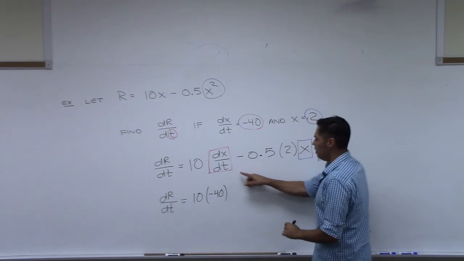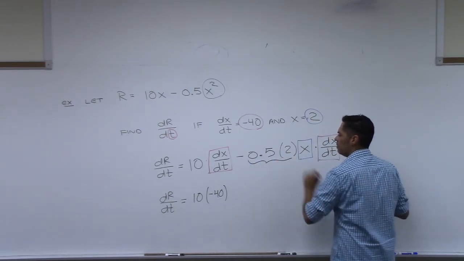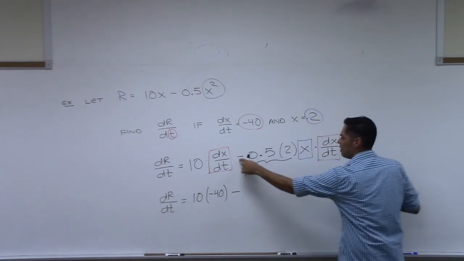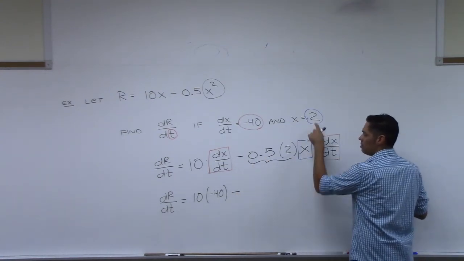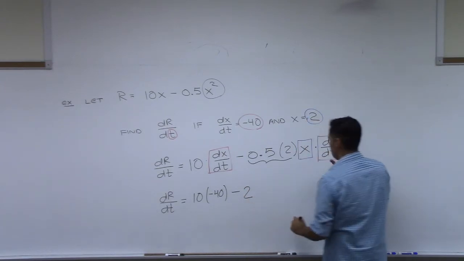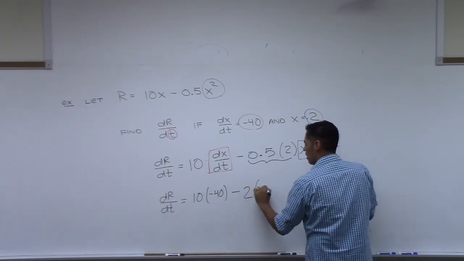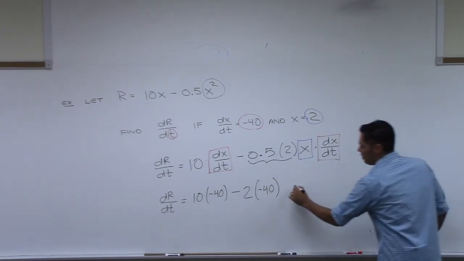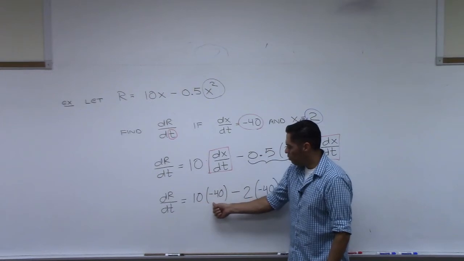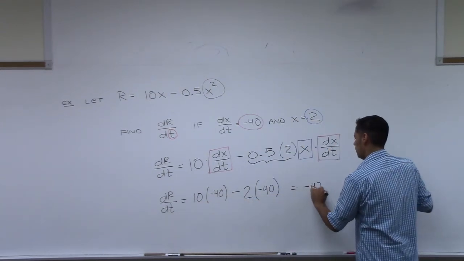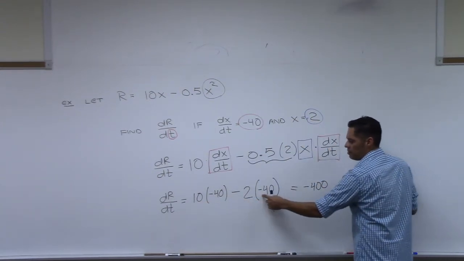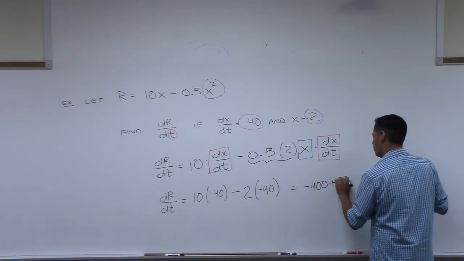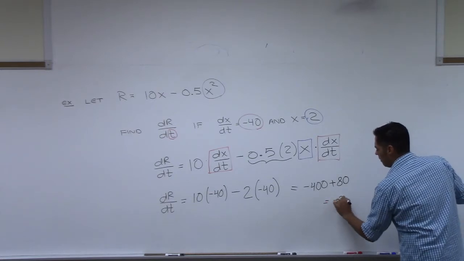That goes there. And then what are these two numbers together? That's a 1, right? Half of 2 is 1. So you get minus this x, which is 2, and then dx/dt, which is negative 40. So when we put all this together, this is negative 400, and then these two together would be plus 80. Negative 320.